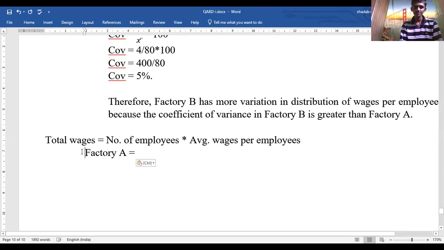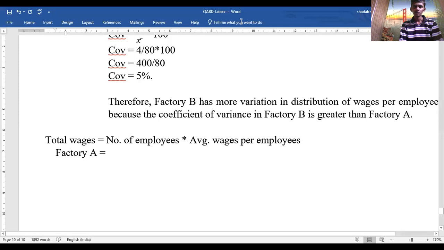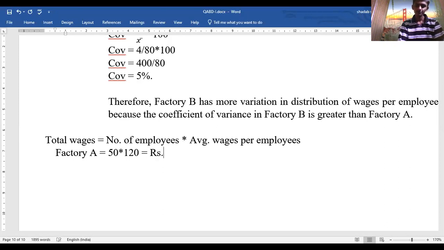For factory A, the number of employees is 50 into average wages per employee, where they are paying 120, that is rupees 6,000. They are paying 6,000 in factory A.